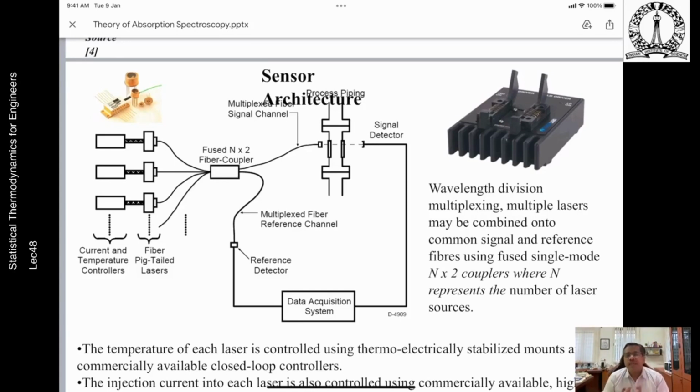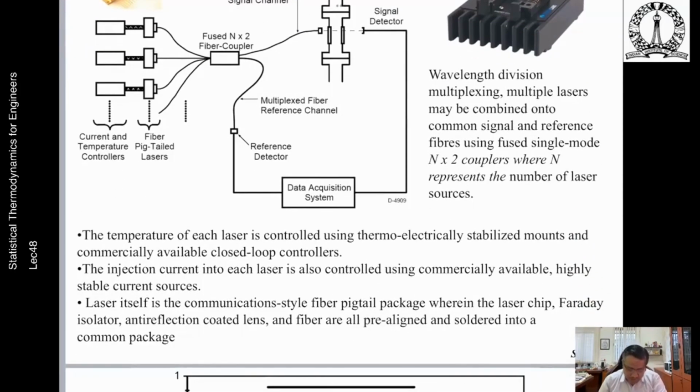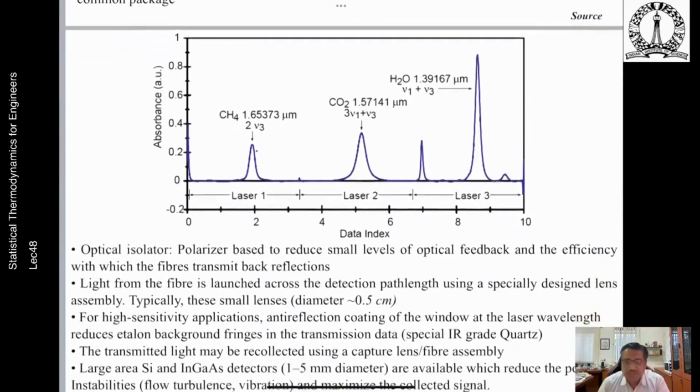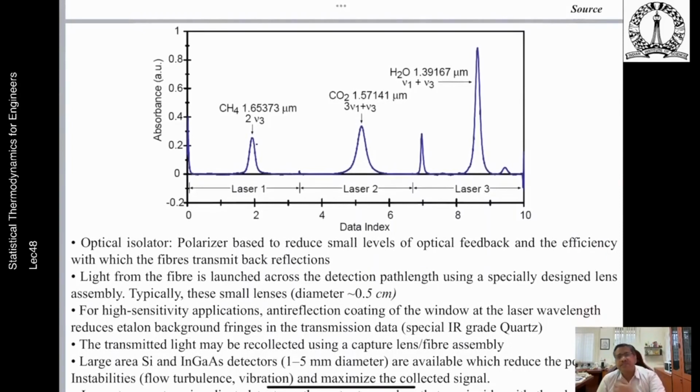Again, you can measure multiple species in one go. The laser itself is like a communication-style fiber pigtail package, so this is not a problem, and you get something like this from laser 1, laser 2, laser 3. CH4 is methane, CO2, and water.